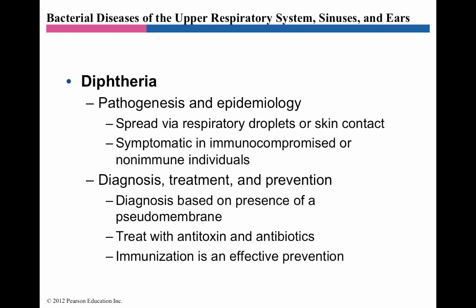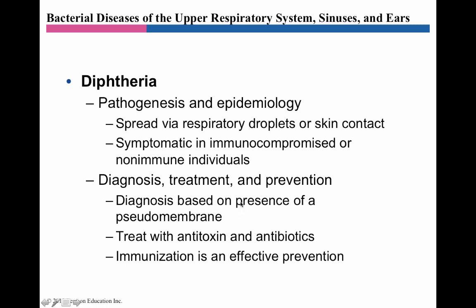Diphtheria is endemic, like I said, in developing or underdeveloped parts of the world where immunization and vaccines are not readily available. And before immunization and before vaccines were available, hundreds of thousands of cases of diphtheria occurred in the U.S. each year. However, now cases are very, very limited, almost absent.